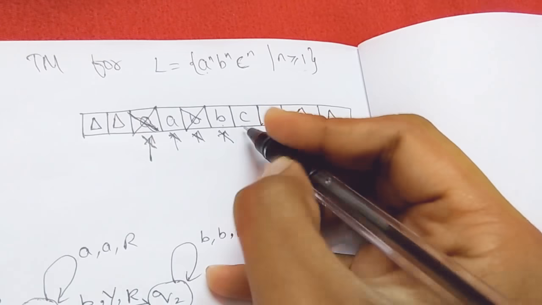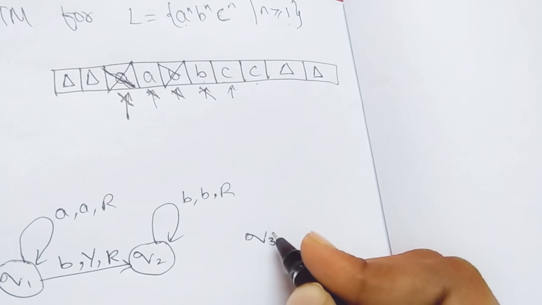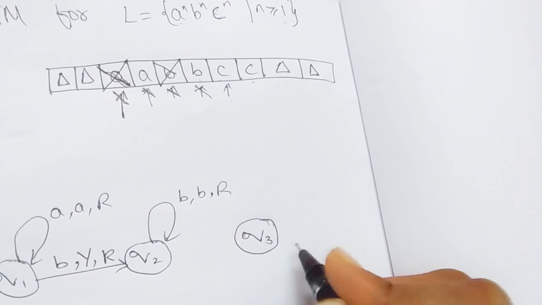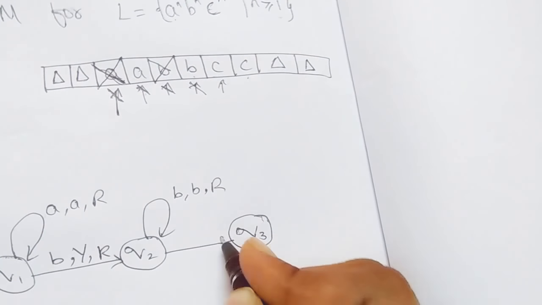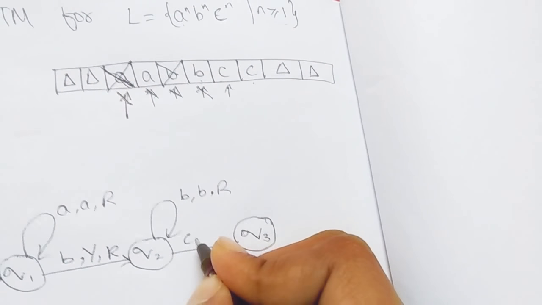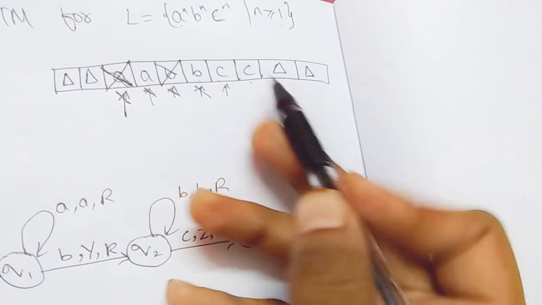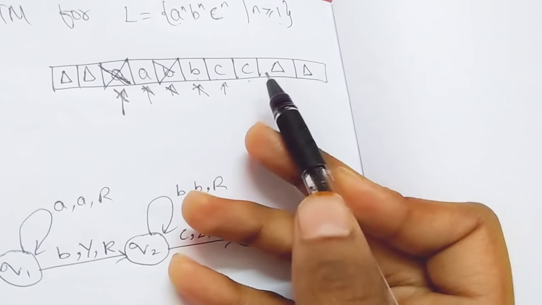Now the header moves to C, and I'll have a transition state here to process C, and I'm naming this state Q3. Whenever there is C after B, replace it with Z and move to left now, because I have to process the corresponding A again.